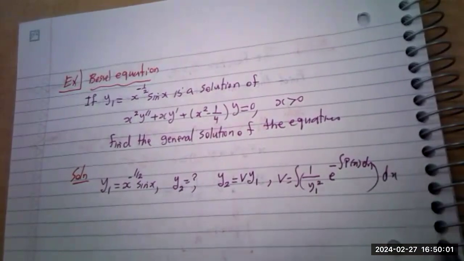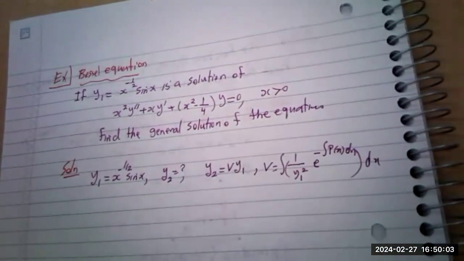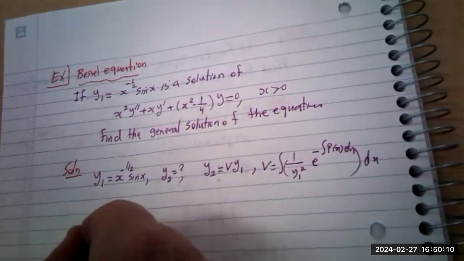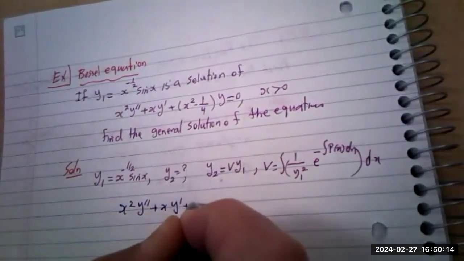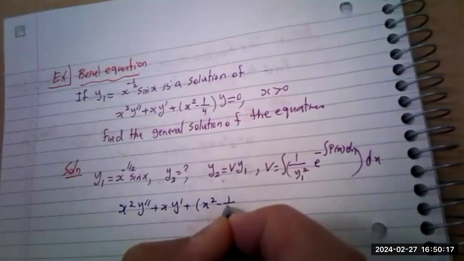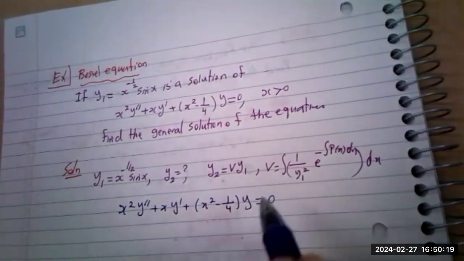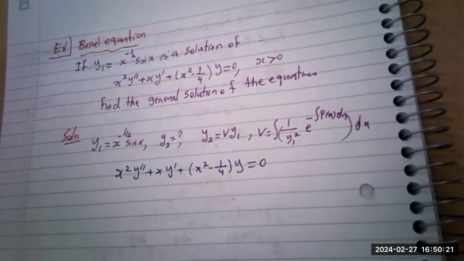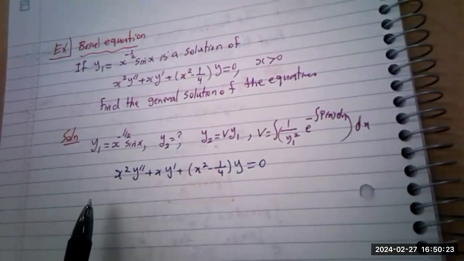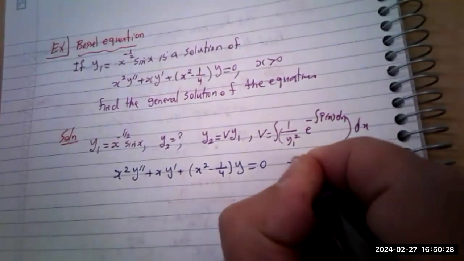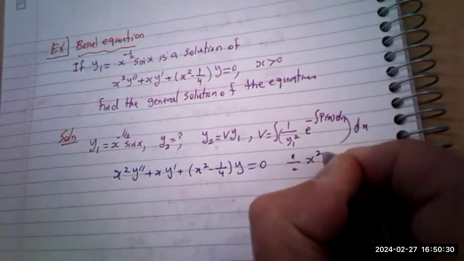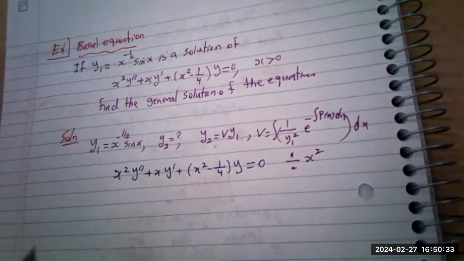This is your first step. So you start with the equation. Look at the equation that you have. Again, it's x squared y double prime plus x y prime plus x squared minus a quarter times y equal to 0. Identify the px. You have to divide by x squared. So the result is going to be what?